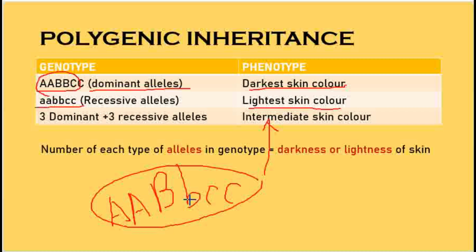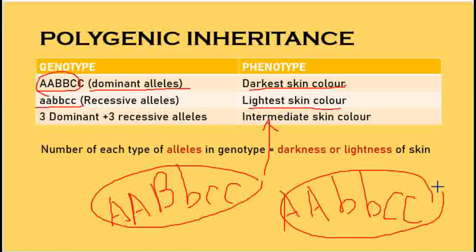In the same way, each allele contributes to the phenotype of the individual. So if it is capital A, then small b, small b, small c, it has a different effect.